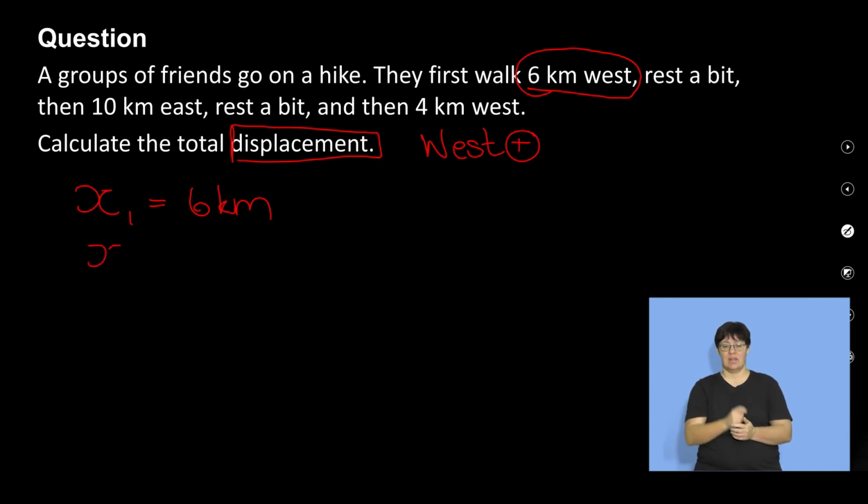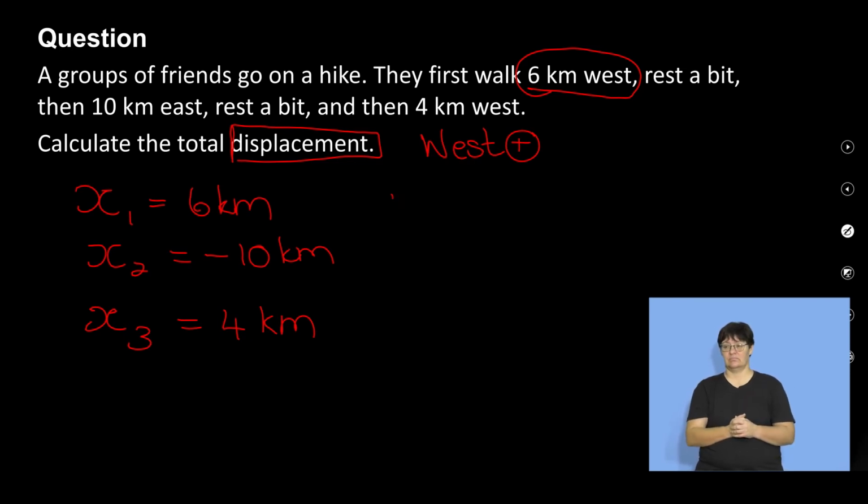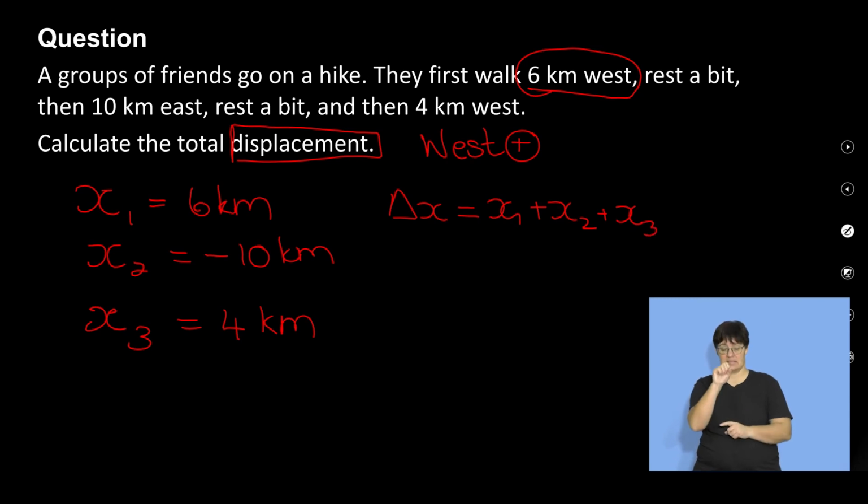My second distance was 10 kilometers east. East now becomes my negative direction, so that's minus 10. We're going to go, third one is 4 kilometers west. All right, so my displacement is my 3 positions added together.